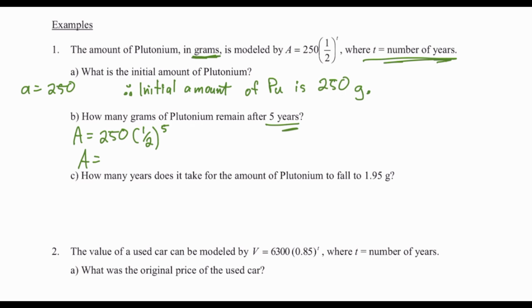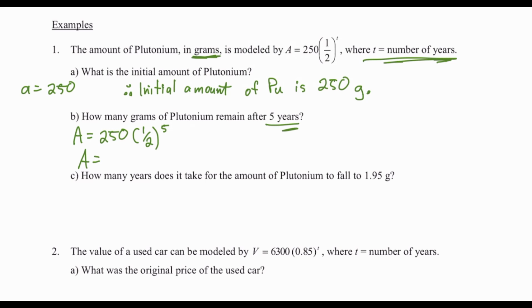Remember, once again, and I keep saying this every time because it's super important and a super common mistake, deal with the base and the exponent first, then multiply by the 250. You can probably just type it all in your calculator and it will be fine. But if you're getting weird answers, or if you want to do it a piece at a time, deal with that part first. So on my calculator, I'm going to do 0.5 to the power of 5 times 250.